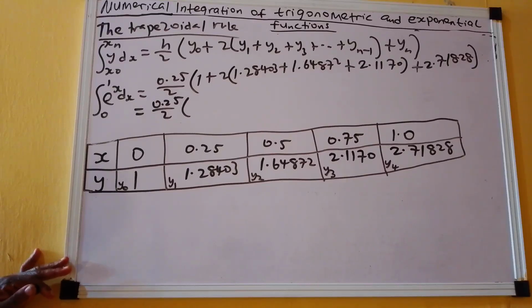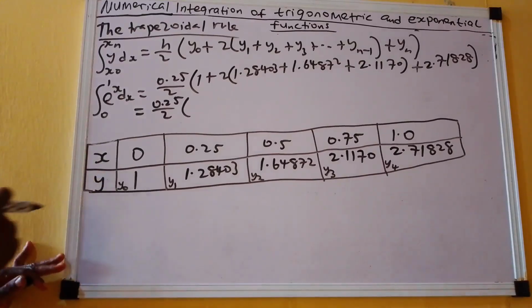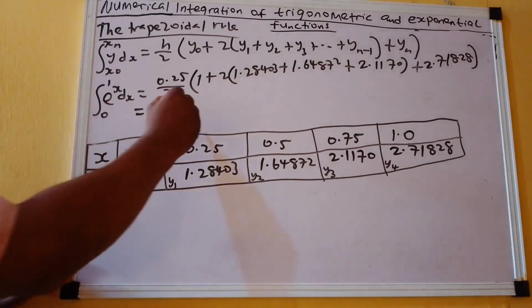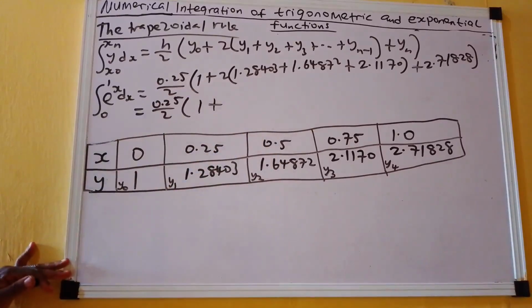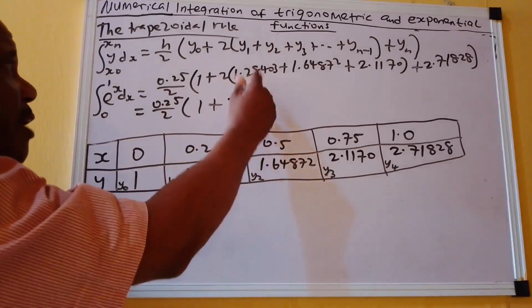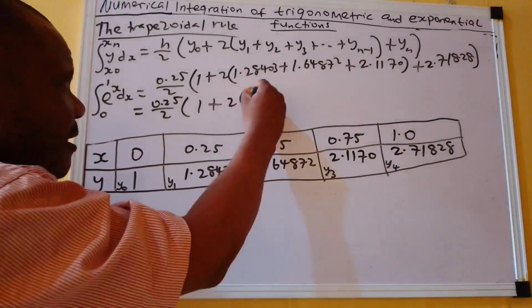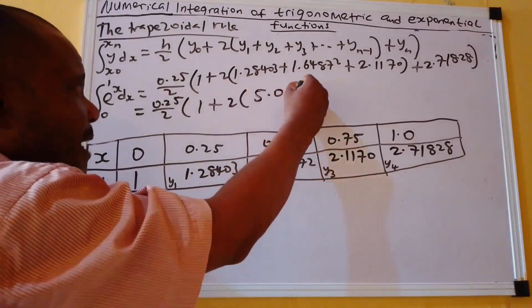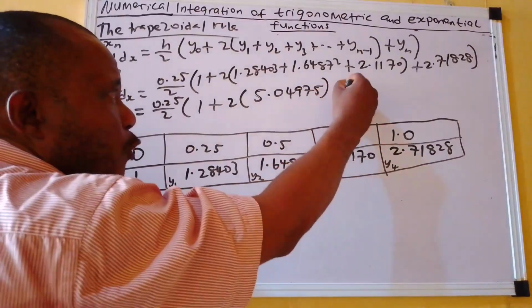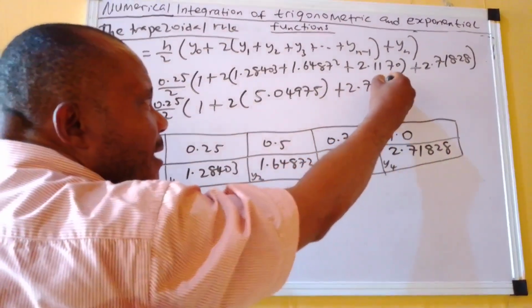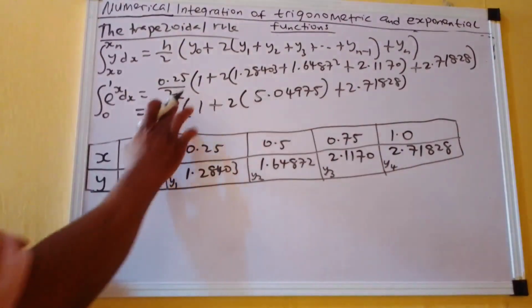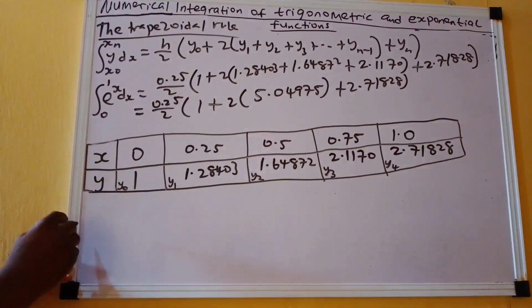So we can also have it as 1 plus, then 2 into, you add these 3 values, you are going to have 5.04975, then plus 2.71828. Okay, we carry it, it's going to give us a terminating decimal.